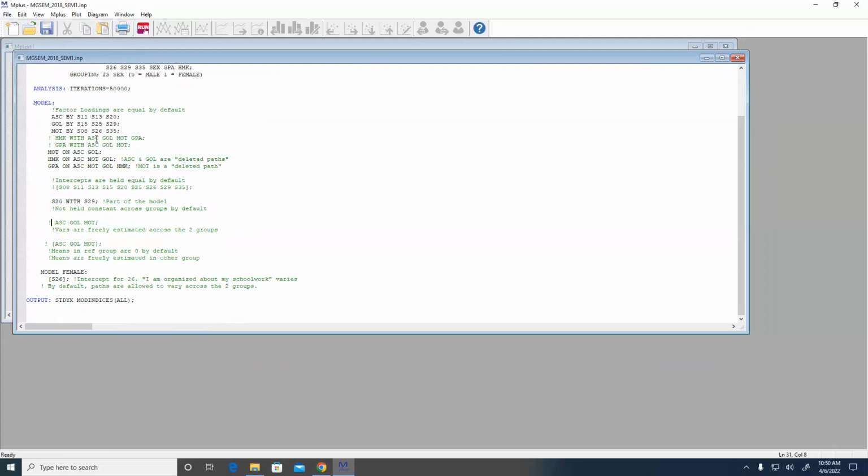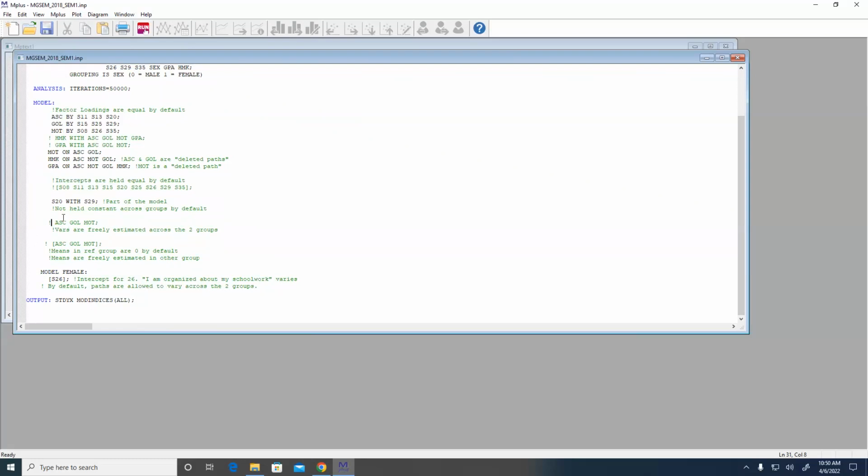Well, that is strange, but we don't need everything that I've just put. You don't need any of that, because everything right now is not going to be constrained to be equal by default. The structural parameters in Mplus are not going to be constrained to be equal by default.